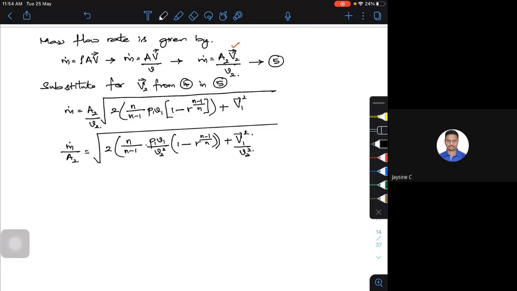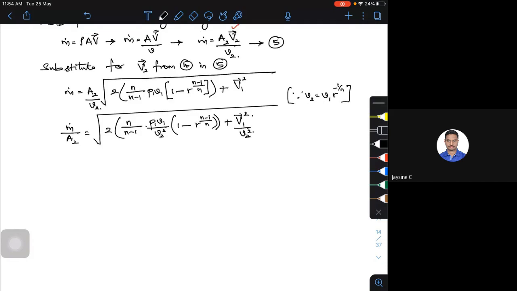Because the v2 I have taken inside, I have to do it for both. Now you know that v2 is equal to v1 into r to the power of minus 1 by n. This we already got from equation 3. Now substitute for v2 in the equation.